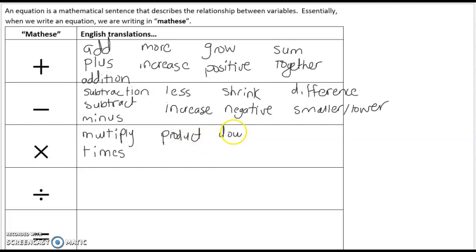Double. So if someone said double, that means times 2. If they say triple, that's times 3. If they say quadruple, that means times 4, okay?